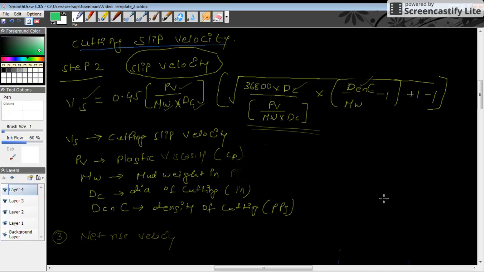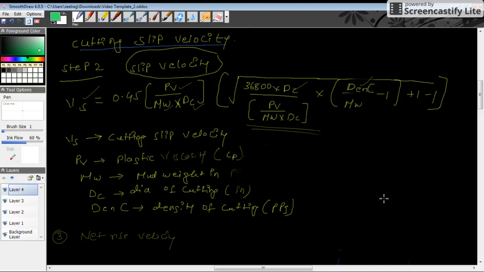It is a determining step in preventing stuck pipe, and in controlling ECD, equivalent circulation density, and hole gauge, hole diameter.